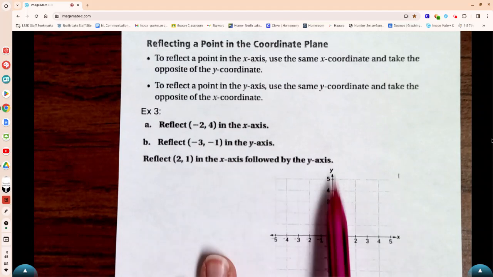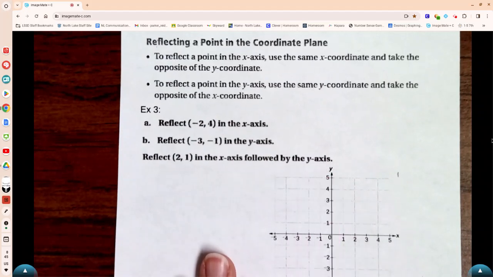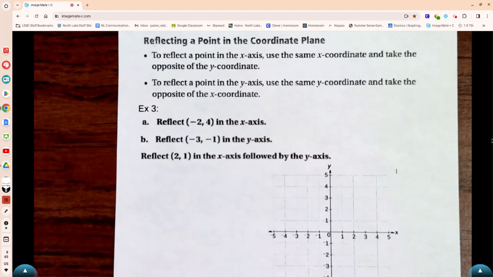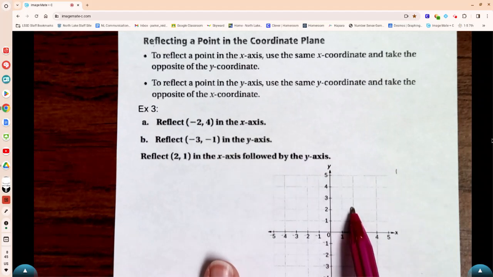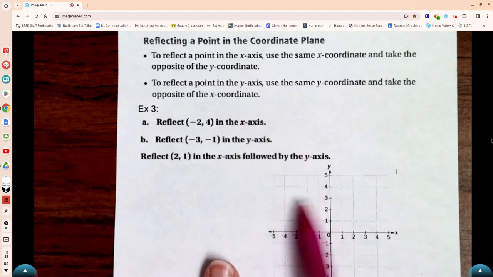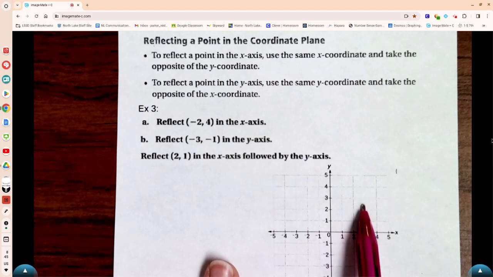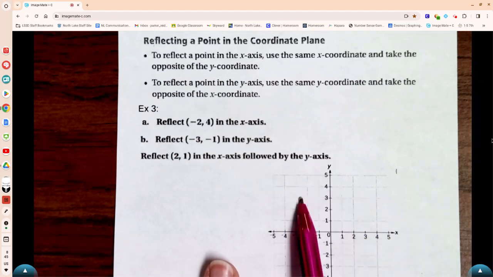If we're reflecting over the y-axis, so over this vertical axis, we do the opposite thing. The y value would remain the same. It's going to stay at the same height wherever it's at, but because it's jumping over, it's going to become an opposite x value.